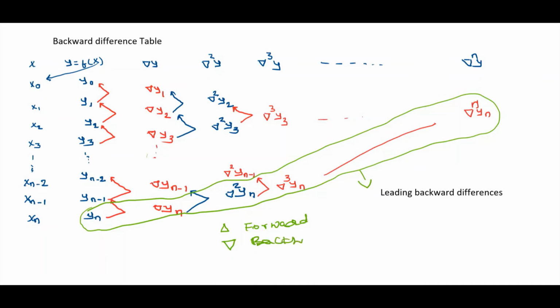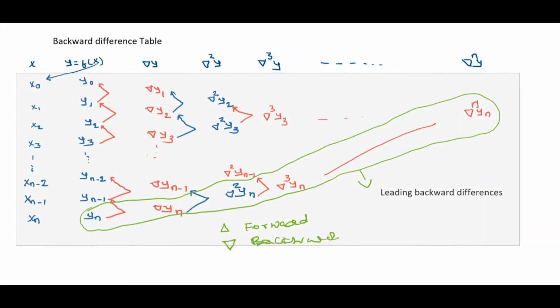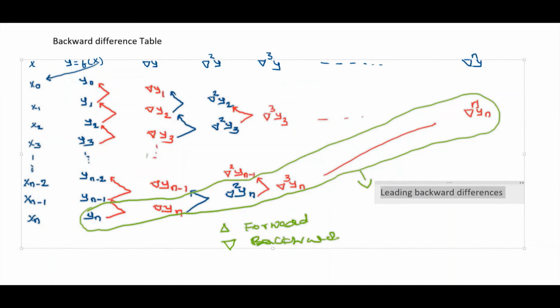In case of this whole table, in forward difference, one value is reduced from the bottom or end values, whereas in case of backward differences, one value is reduced from the top end.